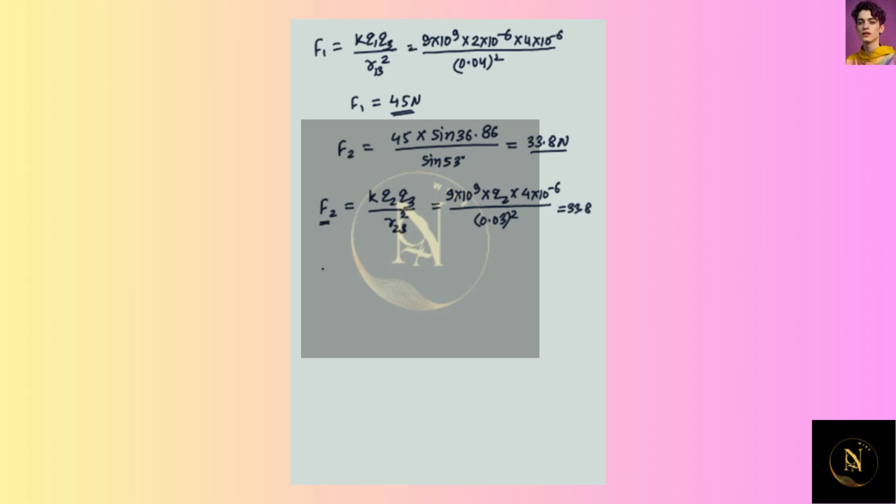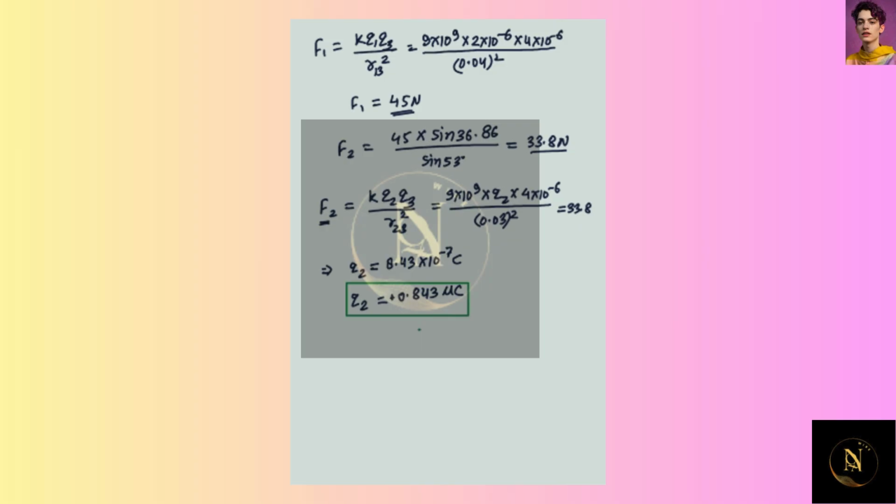After solving we get Q2 equals 8.43 multiplied by 10 to the power minus 7 coulomb, which equals 0.843 microcoulomb. As Q2 is positive, its magnitude is positive. This is the answer for part C of the problem.